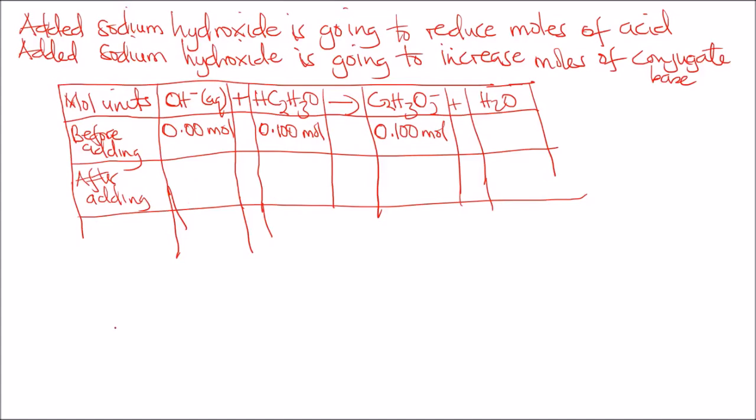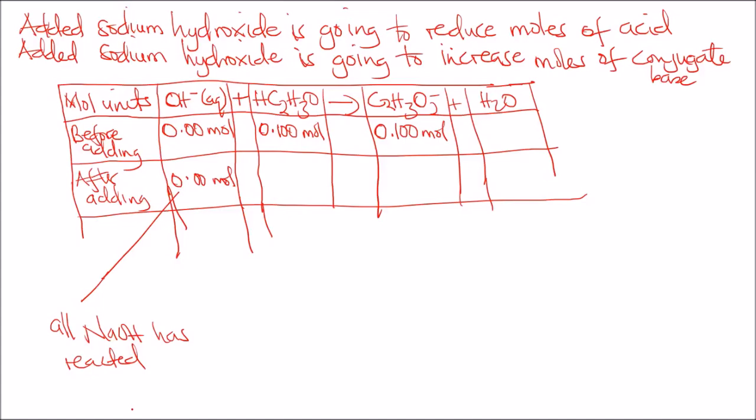So if we add that amount, all the sodium hydroxide is going to react. Is going to react with the acid. So we are going to still have 0.00 mole. Reason: all sodium hydroxide has reacted. So you are not going to have it at equilibrium. But then, what has it reacted with?